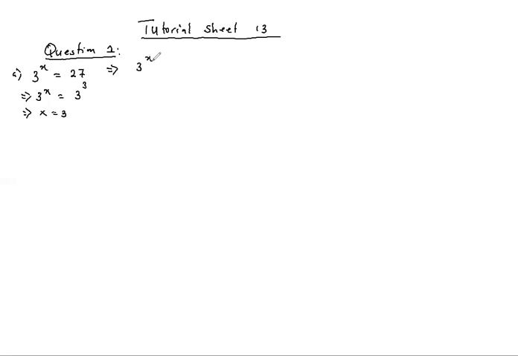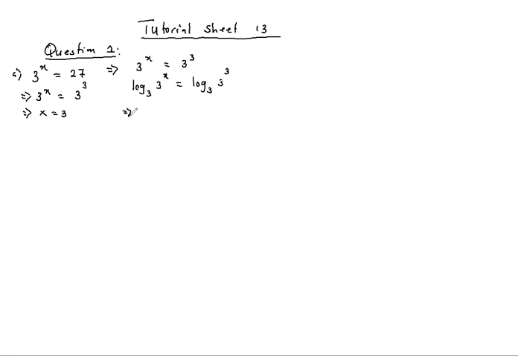If you are to use the properties of logarithms and exponentials, we'll do the same first, and then we'll apply log. So I can apply log base 3 on 3^x, and also apply log base 3 on 27. So I've chosen the base specifically to be equal to the base that I have on the right hand side so that I can find the value of x.